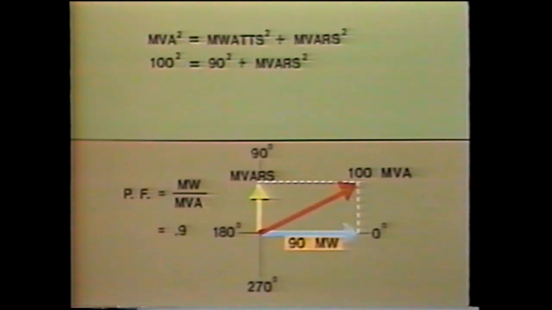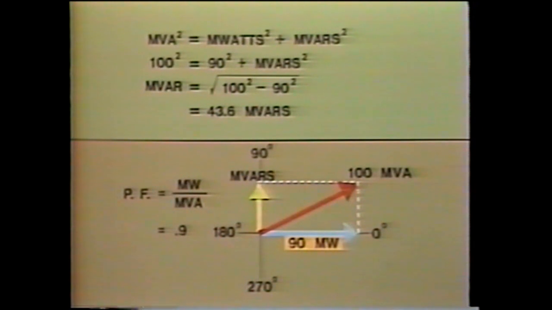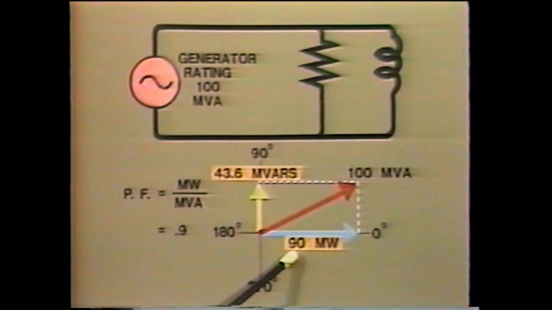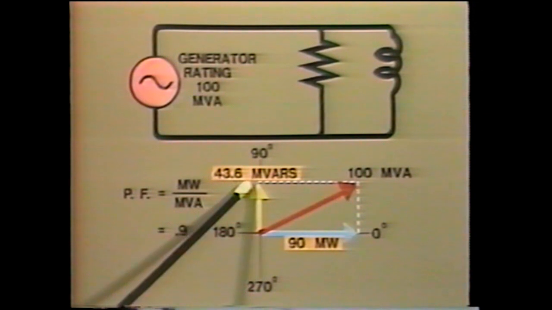And in our example, we see that 100 squared equals 90 squared plus megavars squared. So the reactive power supplied will be the square root of 100 squared minus 90 squared. If you work this out, it comes to 43.6 megavars. The machine can only generate 90 megawatts in addition to the required megavars.